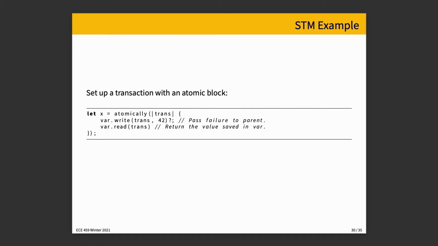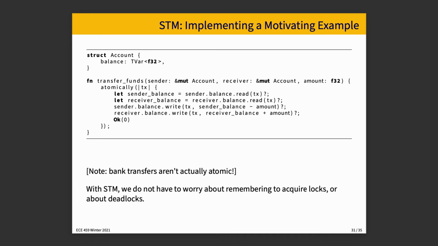This isn't a super illustrative example, we'll do a better one shortly, but the idea is that you say atomically, as this Rust STM library does, and we have a little closure that says here's what we want to be the atomic block. So stick everything in it and hope the compiler and the implementation do what we expect.